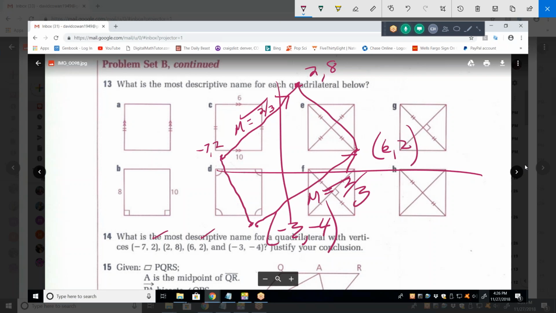Now let's check the other two slopes. If the other two slopes are also parallel, then we could say it's a parallelogram, and then we'd have to check maybe a little bit further to see if we have right angles or anything. What would tell us whether we have right angles or not? What do we know about slopes of two lines that are at right angles with one another? The negative reciprocal.